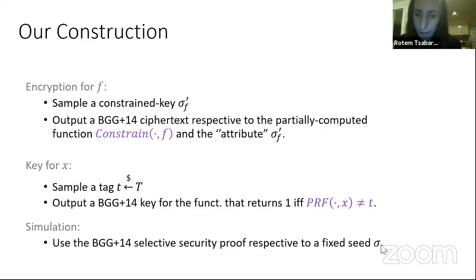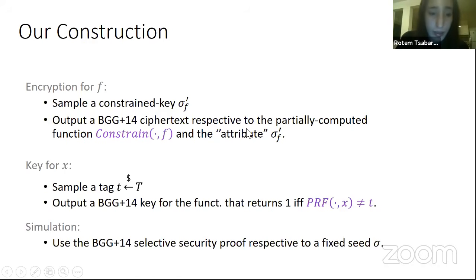So now we have a selective BGG+ ciphertext respective to the seed. And whenever we are queried for a challenge ciphertext for some F, all we have to do is evaluate the constraining function, and we get the required ciphertext that we need to provide to the adversary.